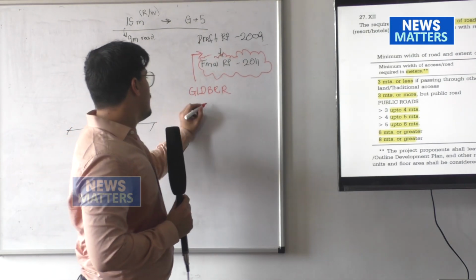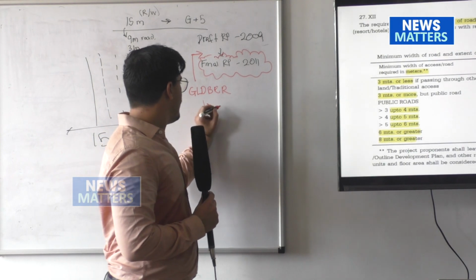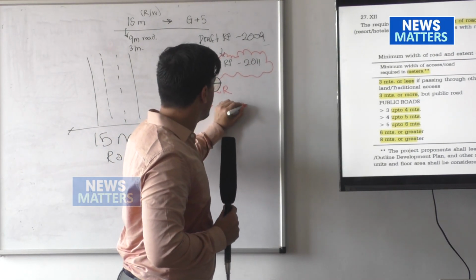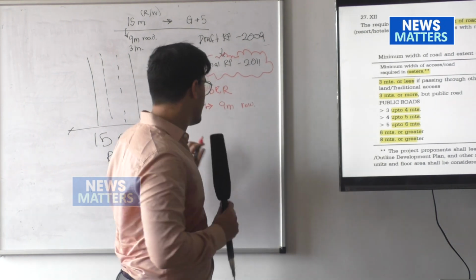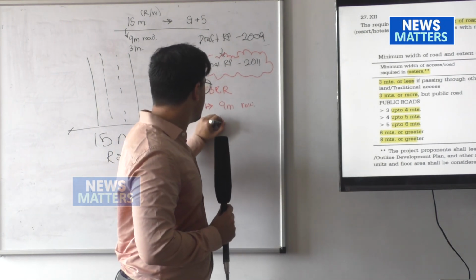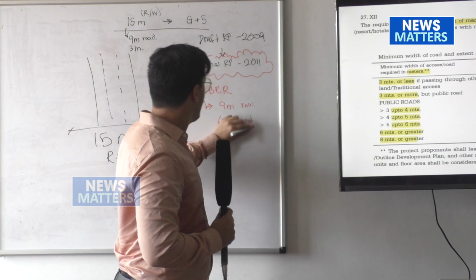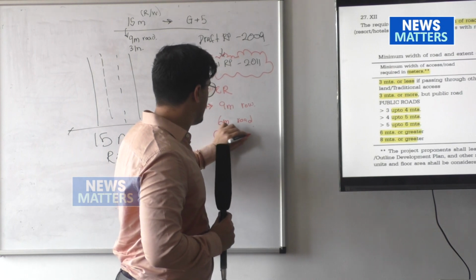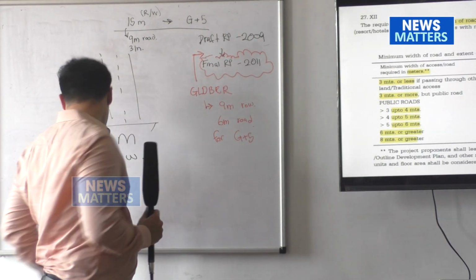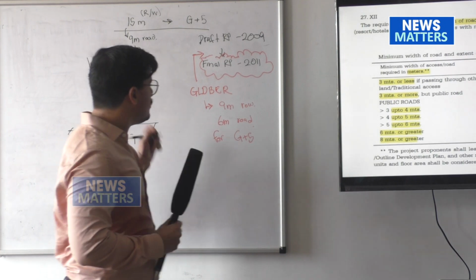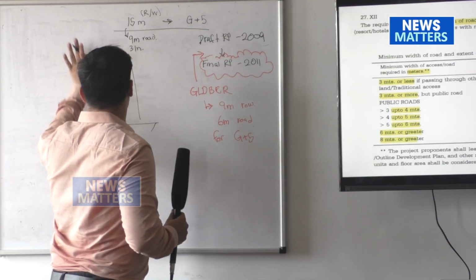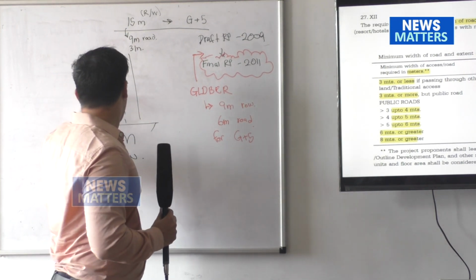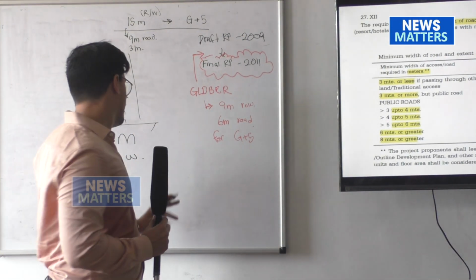And within this, they said, okay, no need for 15 meter right of way, 9 meter right of way. Now we know road width means 9 right of way, which is a 6 meter road, again for a G+5 project. This also, at least every major project has 2 clear lanes for vehicles to move, right? One going this way, one coming this way.